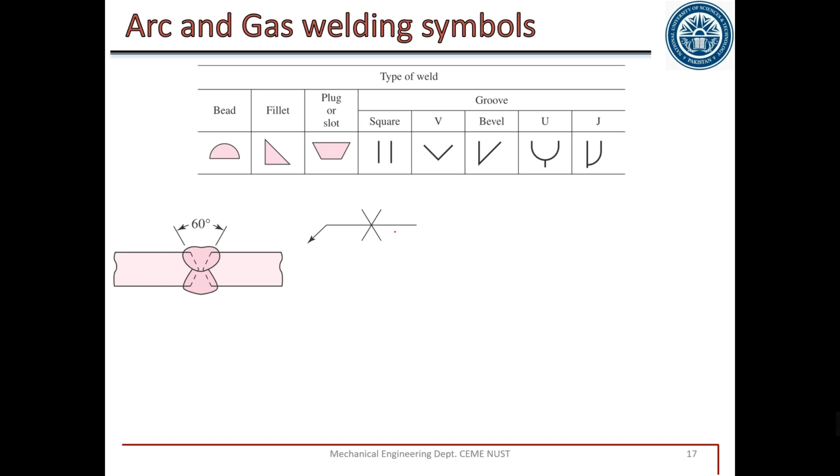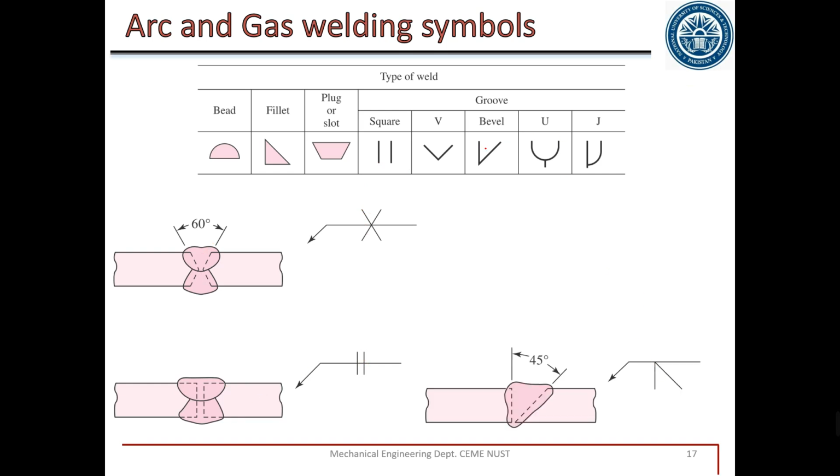These two welds mean we have this V weld on both sides. For example, if the arrow is pointed towards here, it means that on the other side as well we have the same weld. Similarly, the two vertical lines mean square weld, we have square weld on both sides. This is bevel. We have a bevel weld.